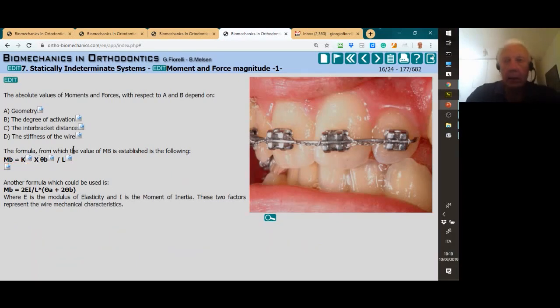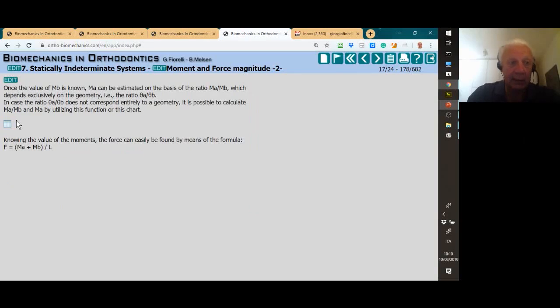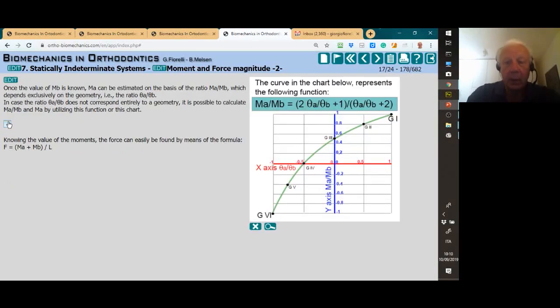And anyway, going on with the mathematics, once we have calculated the moment in the largest angle, which is this one, we could find the moment on the other side using this function, which is generating this curvature here.